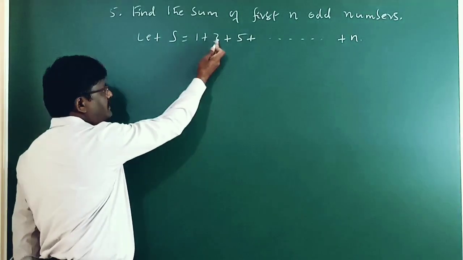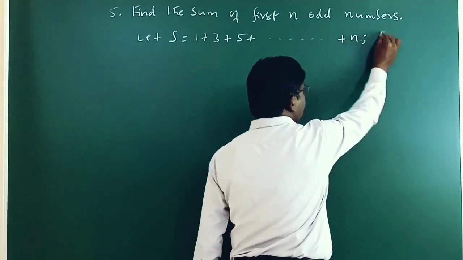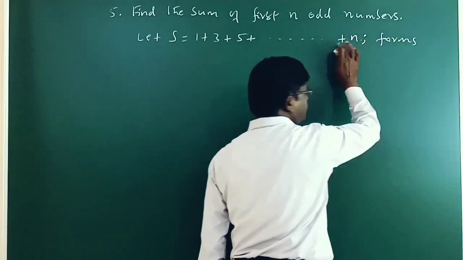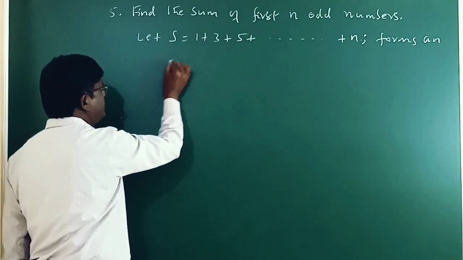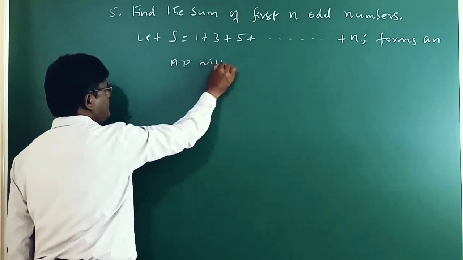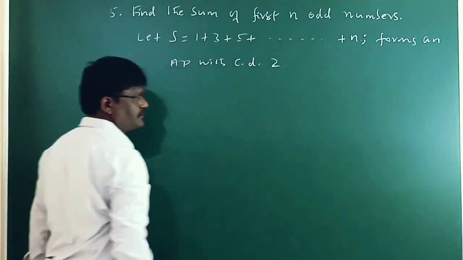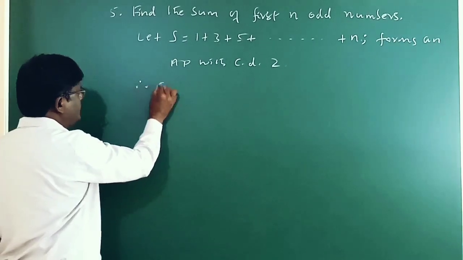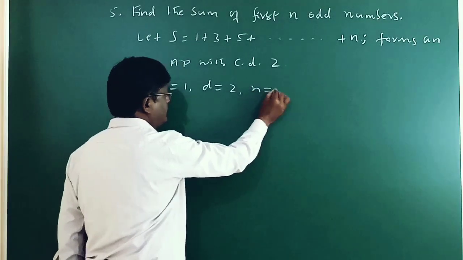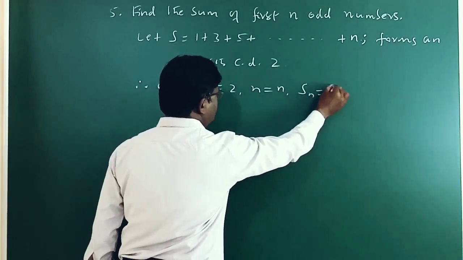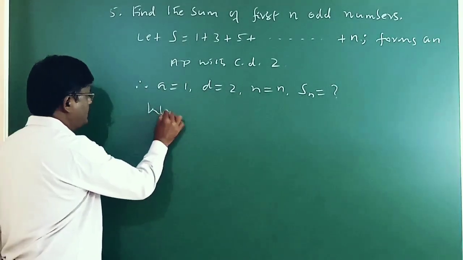See here, common difference 2, 2, 2, etc. Therefore, this list of numbers forms an AP with common difference 3 minus 1, that means 2. Now, therefore, a is 1, d is 2, n is n, and we need the sum of n terms, that is Sn. The general formula, we know that.